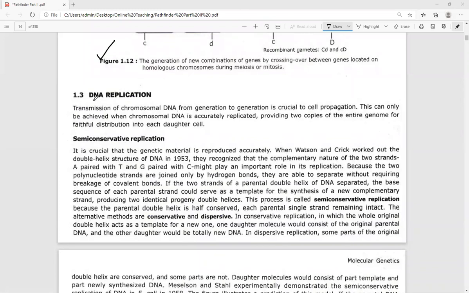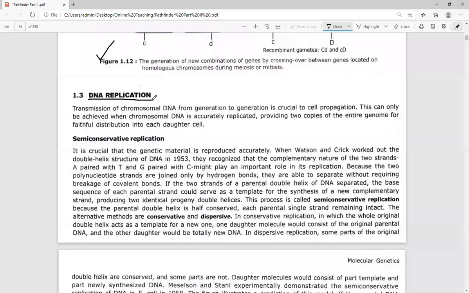So DNA replication. What do you mean by the process of DNA replication? DNA replication refers to a process which is involved in the replication of the genomic DNA sequences. Transmission of the chromosomal DNA from one generation to another is a very important phenomenon, because without the transfer of the genetic material, the cells cannot replicate.